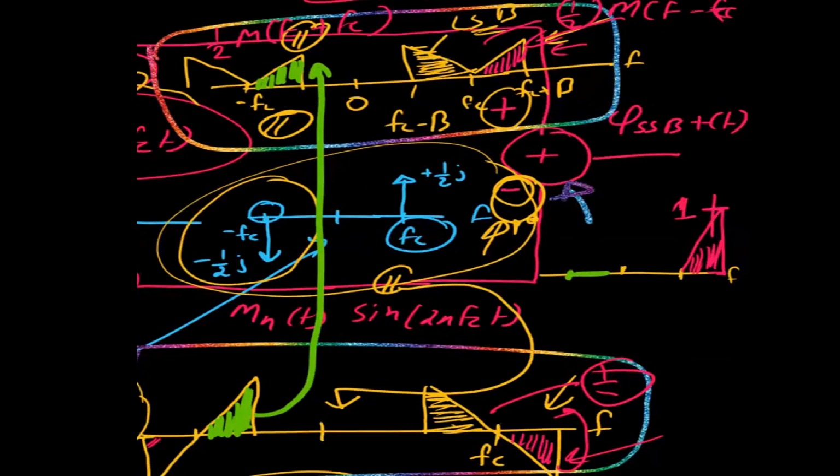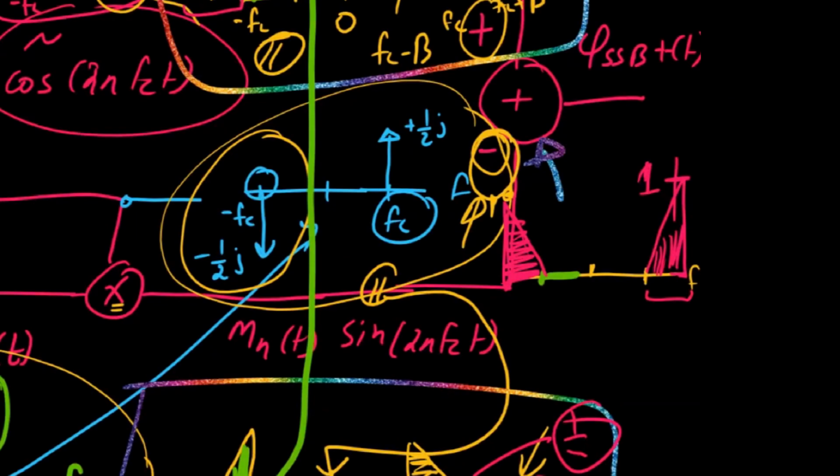And if we subtract the negative of this part from here, it will become something like that. So this is our upper sideband, and again upper sideband. This is the eventual outcome.